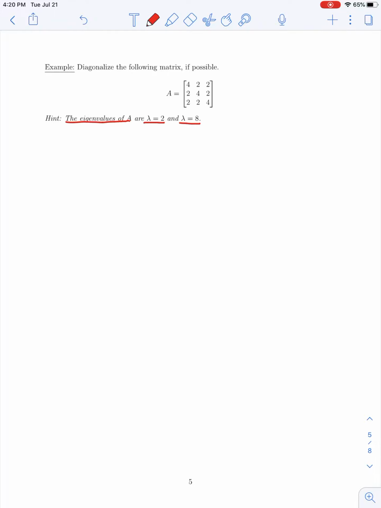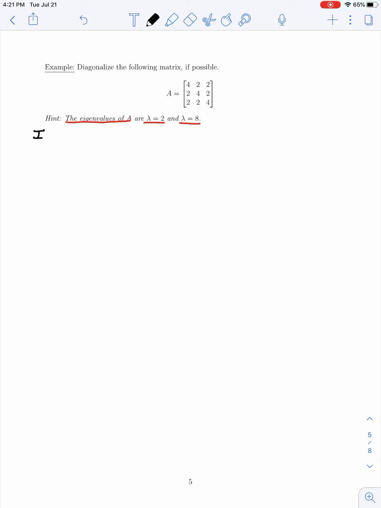So let's take a look at the corresponding eigenvectors. We need to show that there are 3 linearly independent eigenvectors for this matrix A in order for it to be diagonalizable.